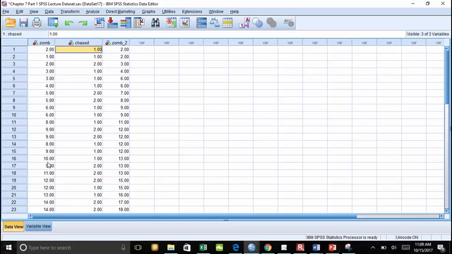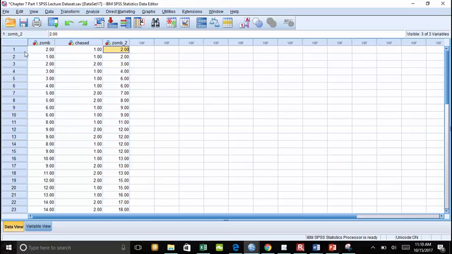In this case, we're not going to look at this chased column, but we've got the zombie measure time 2, or second time. The 30 people who took the zombie questionnaire were then all given a zombie rights sensitivity training workshop. So they were given a workshop where they were supposed to learn about becoming more sensitive to zombies' rights. And then every person took the zombie opinion measure again.